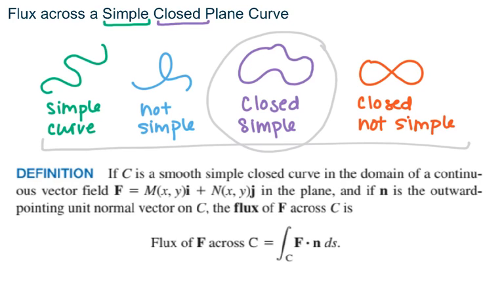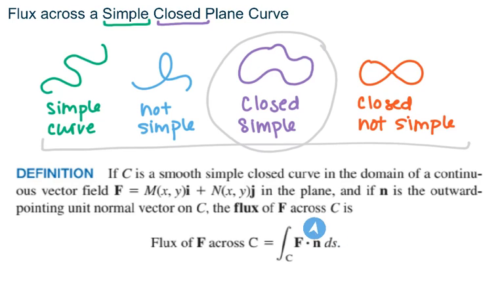So the first definition we're going to provide: C is a smooth, simple, closed curve in the domain of our continuous vector field F. F is defined as M i plus N j, which is in the plane. n is our outward pointing unit normal vector on C. Then we can calculate the flux of F across C using the line integral of F dotted with that outward pointing unit normal vector.